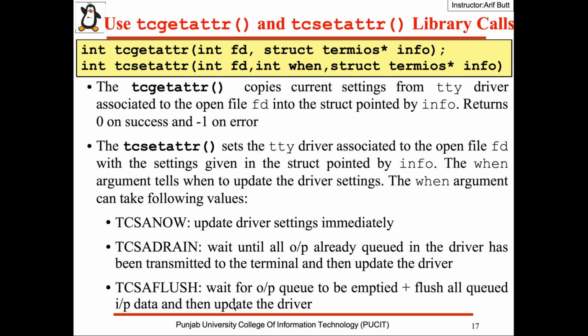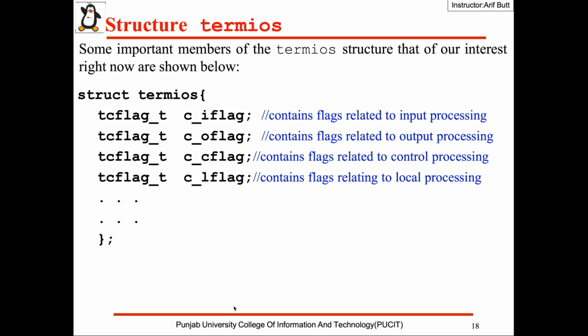I have just given you a summary, and this slide actually shows some of the important members of the termios structure. This c_iflag is the input flag, which contains bits related to input processing. c_oflag contains bits related to output processing. c_cflag contains bits related to control processing, and c_lflag contains bits for local processing, as we have discussed a short while ago.